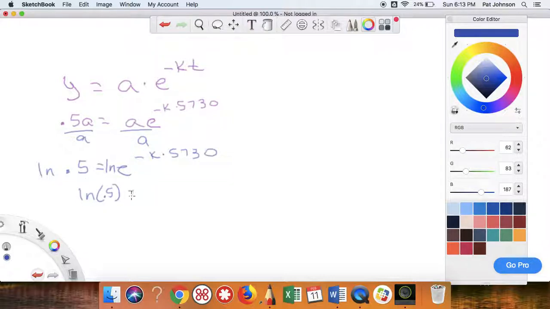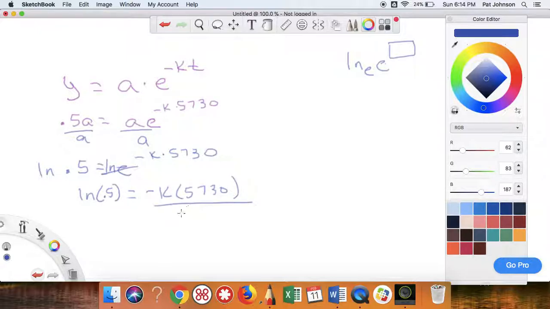Remember, natural log represents the base e. So when the base of the argument is the same as the base of the log, then it's simply the exponent. This cancels out to negative k times 5,730.